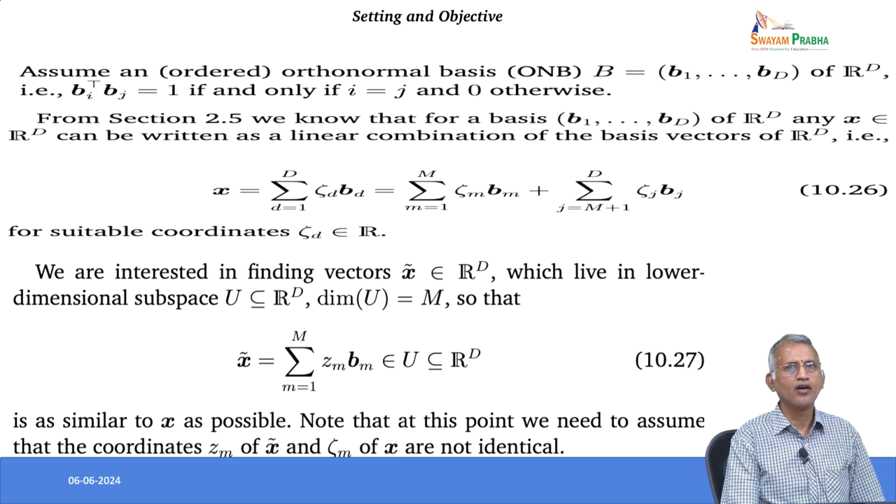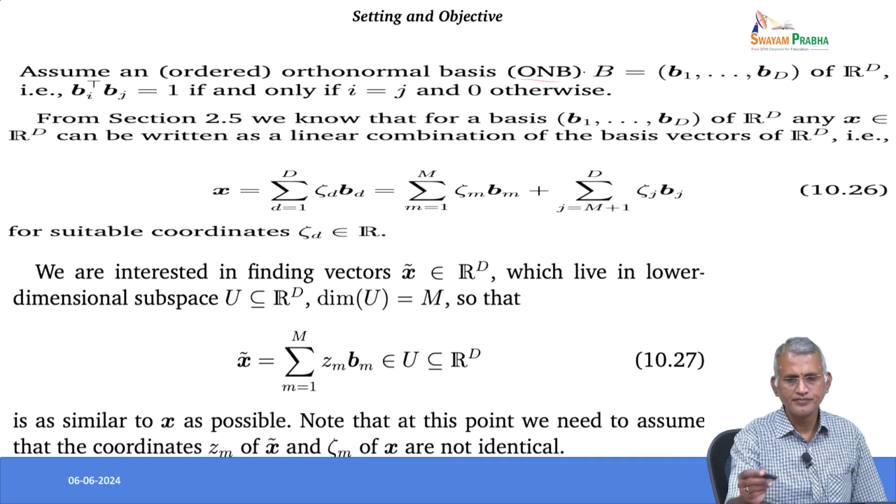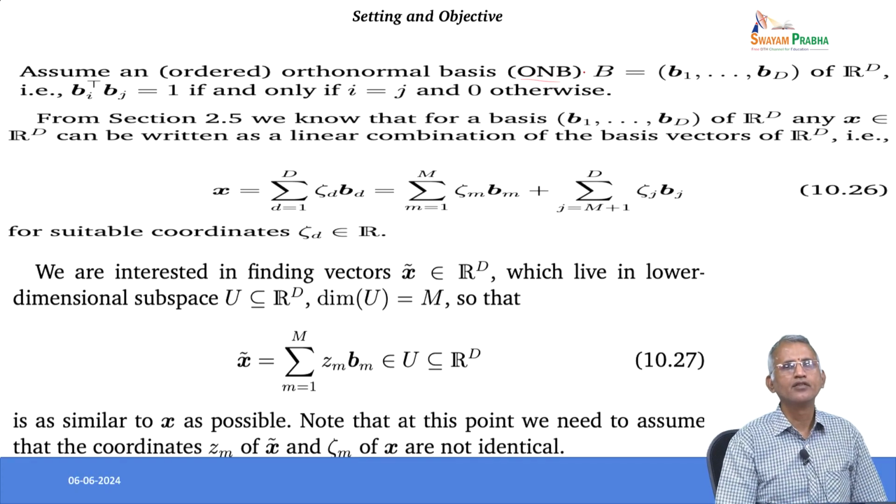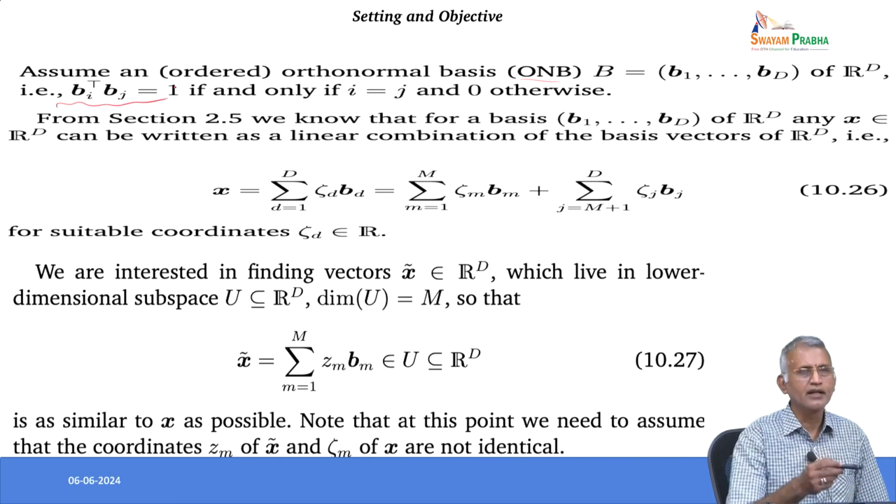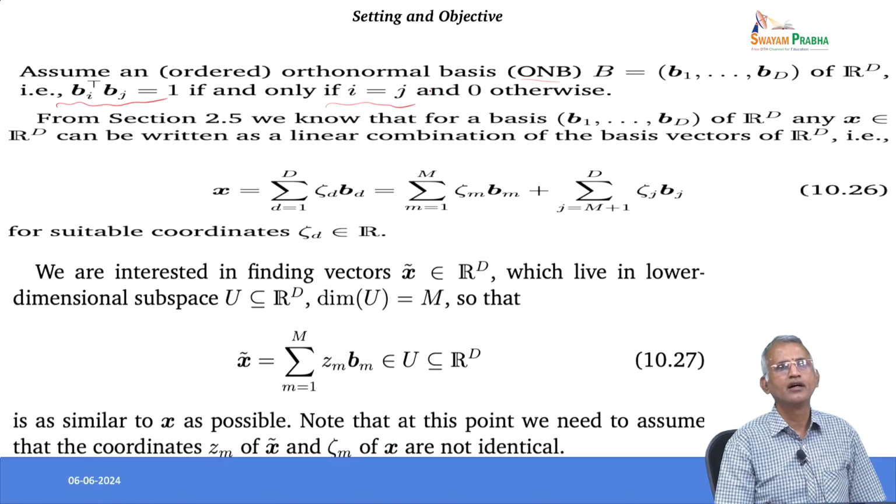Assume an ordered orthonormal basis, ONB, B equal to b1 to bD of R power D, where bi transpose bj equal to 1 if and only if i equals j, and 0 otherwise.